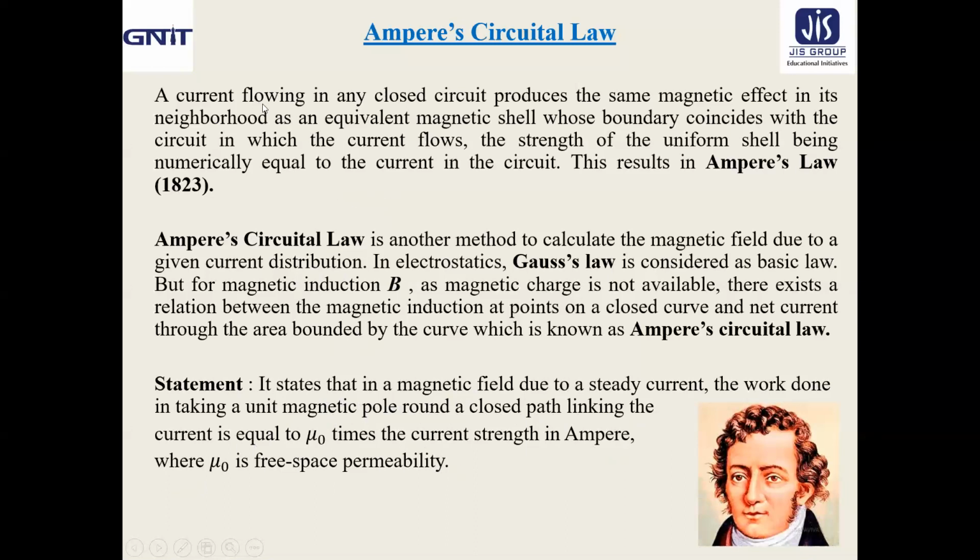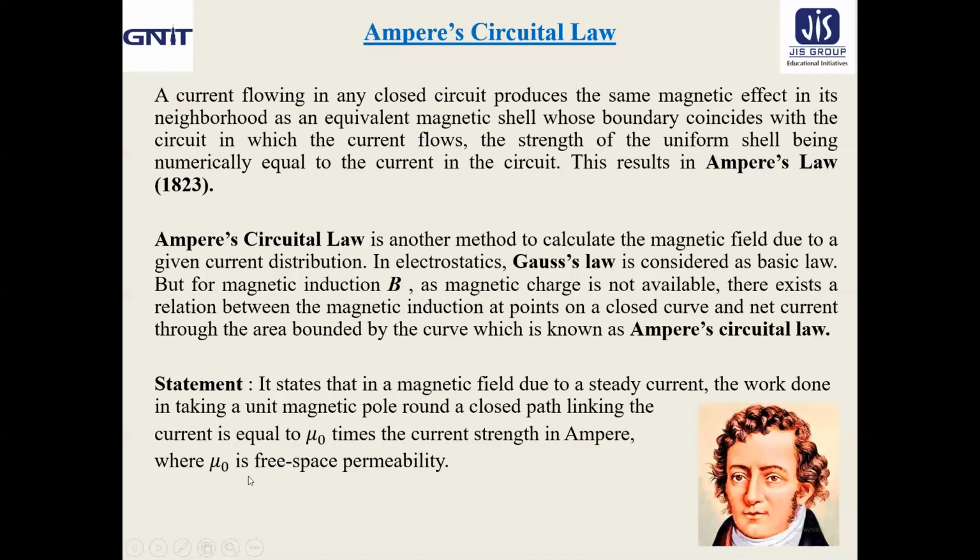Here you consider that current flowing in a closed circuit produces the same magnetic effect in its neighborhood as an equivalent magnetic shell whose boundary coincides with the circuit in which the current flows, and the strength of the shell is equal to the current in the circuit. What you are saying here is that in a magnetic field due to a steady current, the work done in taking a unit magnetic pole round a closed path, that means here also the same thing, the boundary you considered, linking the current is equal to mu naught times the current strength in ampere.